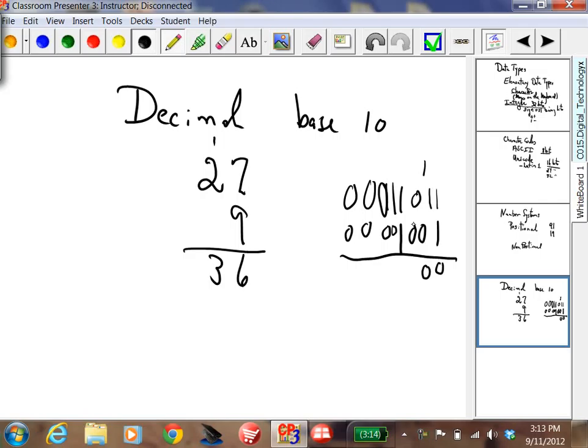That's 0 with a carry of 1, right? 1 plus 0 is 1. 1 plus 1 is 0 with a carry of 1. 1 plus 1 plus 0 is 2. That's 0 with a carry of 1. That's a 1. Okay. So, and a 0 and a 0. So 1, 2, that's a 4. 8, 16, 32. 32 and 4 is 36, right?